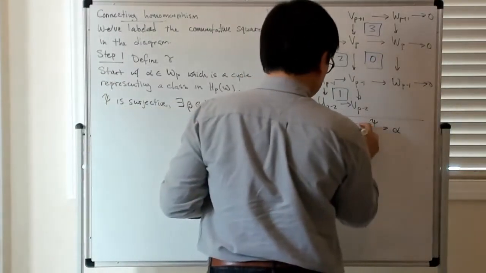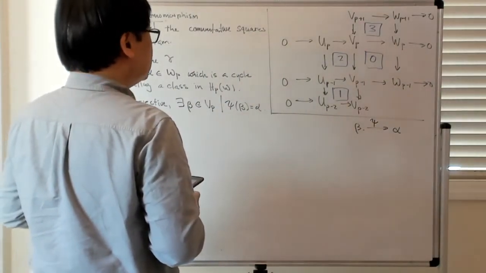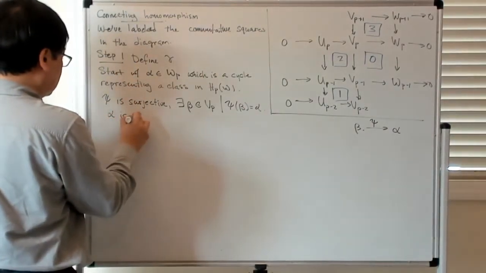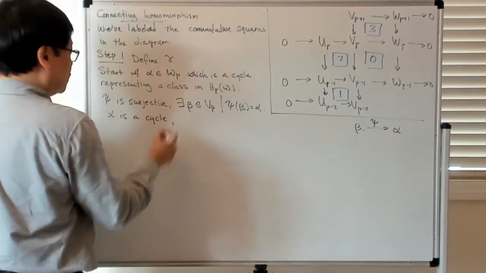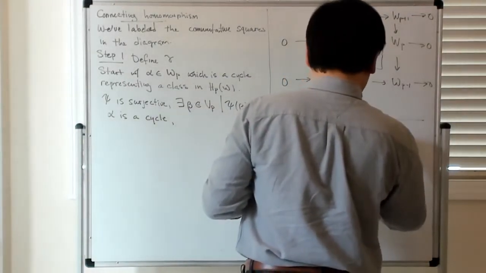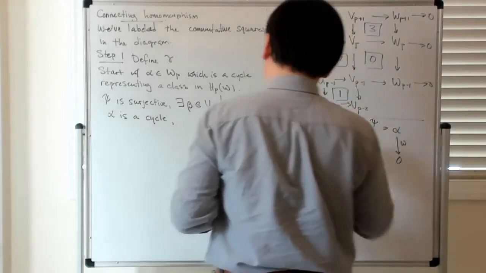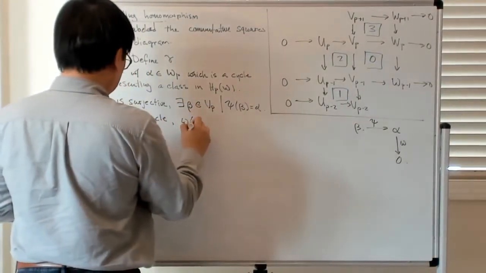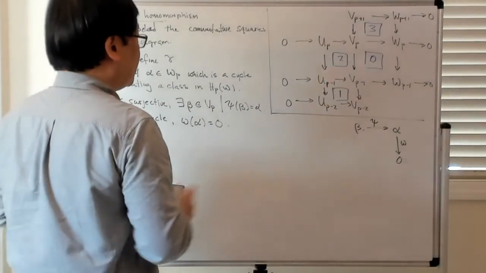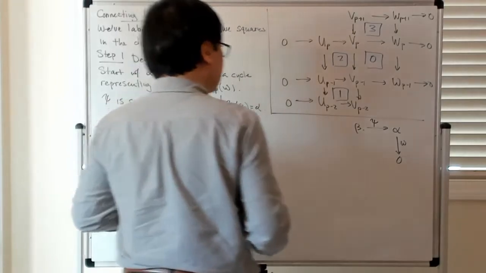Okay, so let's write that down, beta. We know that alpha is a cycle, so the boundary of it is 0. So this is W, which maps alpha to 0. So W of alpha is equal to 0. And then of course you're going to use the fact that this diagram commutes.